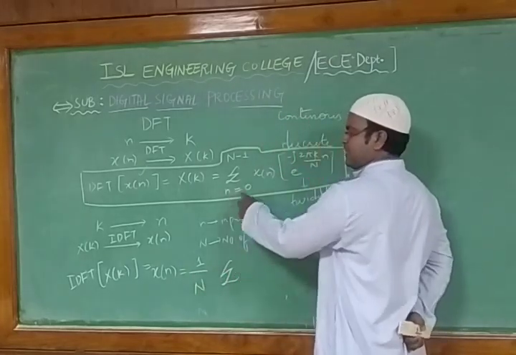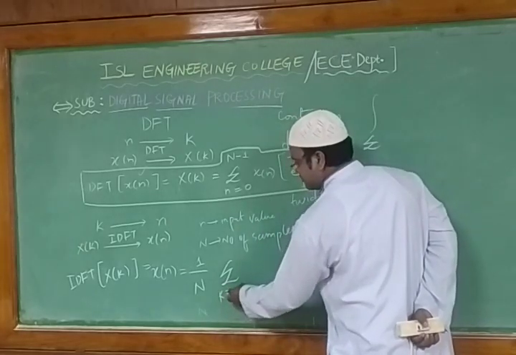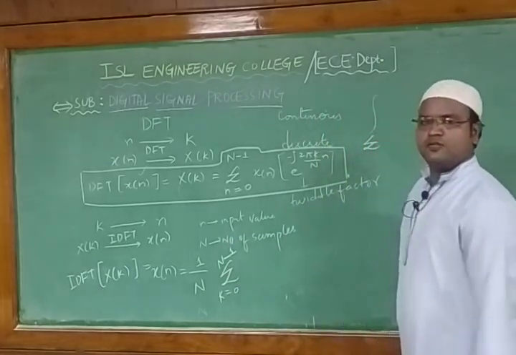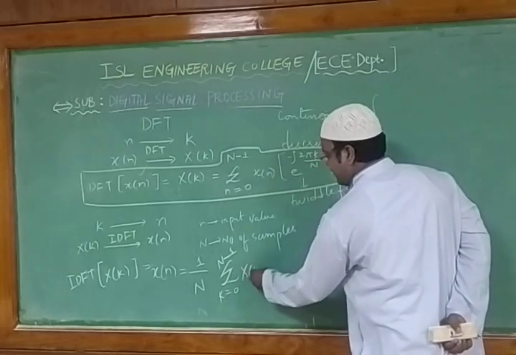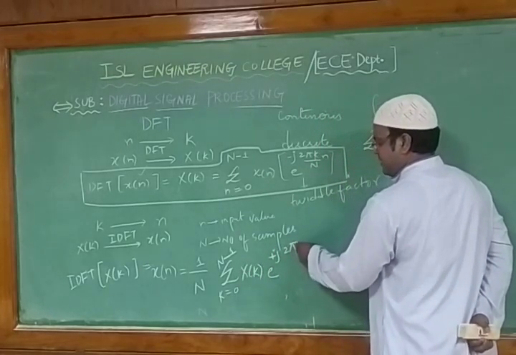The input that started from n equal to 0 will be reversed here, so k equals 0 to a maximum of n minus 1 because it's finite. So we need to write the maximum sample value. So we write x of k e power plus j 2 pi k n by n.